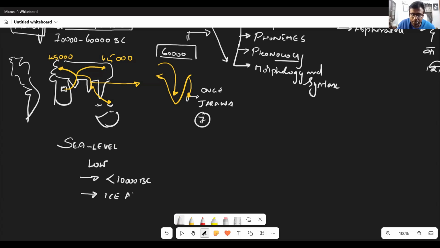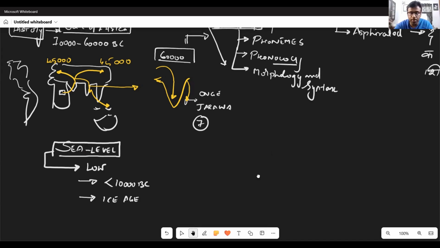When ice ages come, the sea level becomes low because all the water is stored in the polar regions. So you will have movement of tribes through different regions, continental shelves. You slowly move towards the place where you can establish yourself. This is the first leg of migration which happened to India.